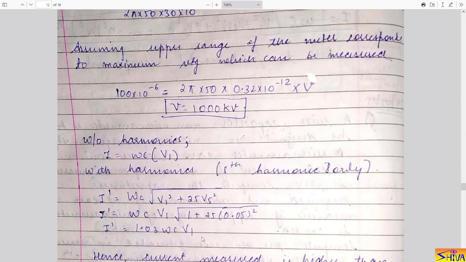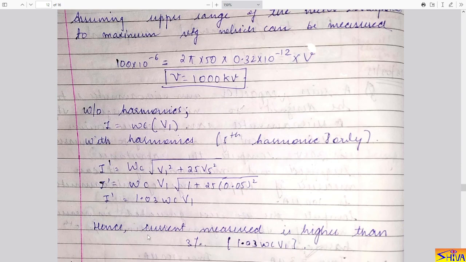If only the fundamental component is present, this will be omega C V1. But if the fifth harmonic is present with 5%, then the current measured will be 1.03 omega C into V1. So there will be an error of 3%, meaning the current measured is higher by 3%. Okay.